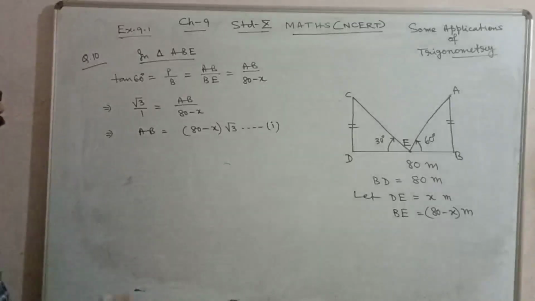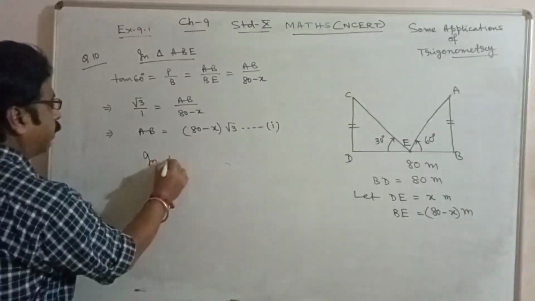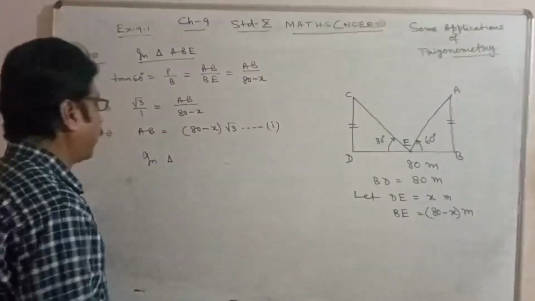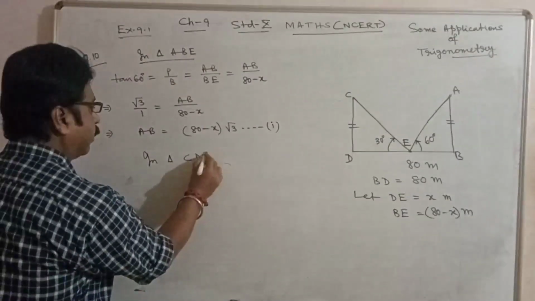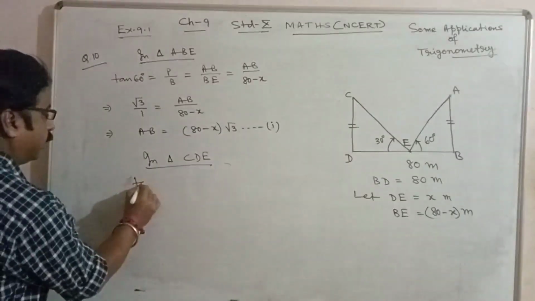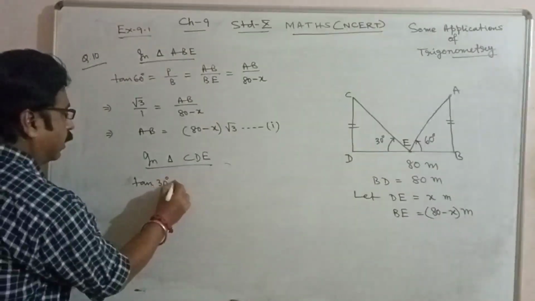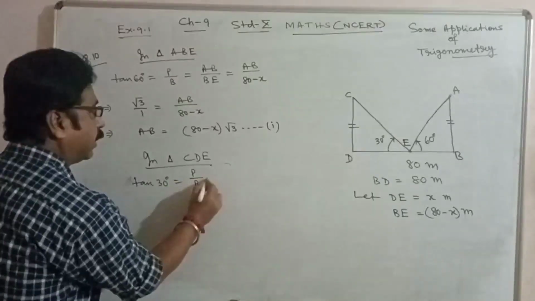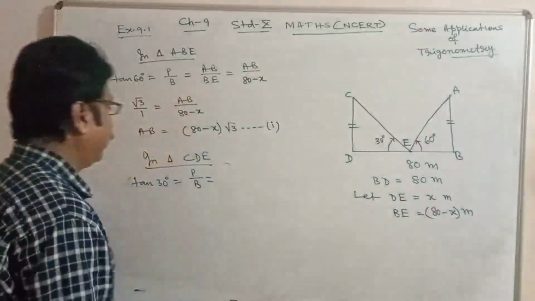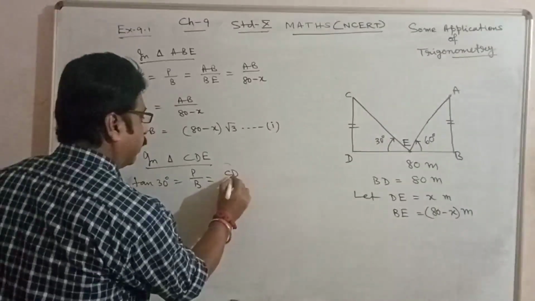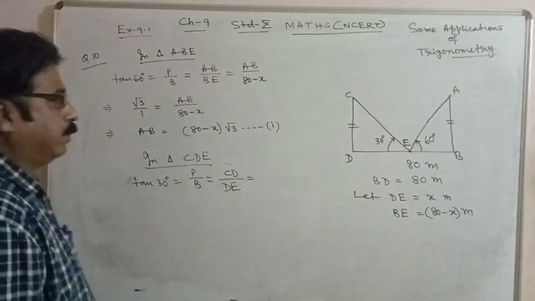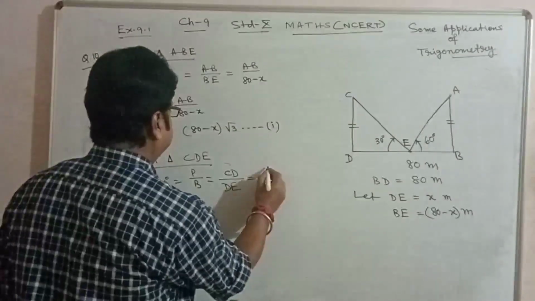Next, in triangle CDE, tan 30 degree is perpendicular upon base. For 30 degree, perpendicular is CD, base is DE. Write CD.